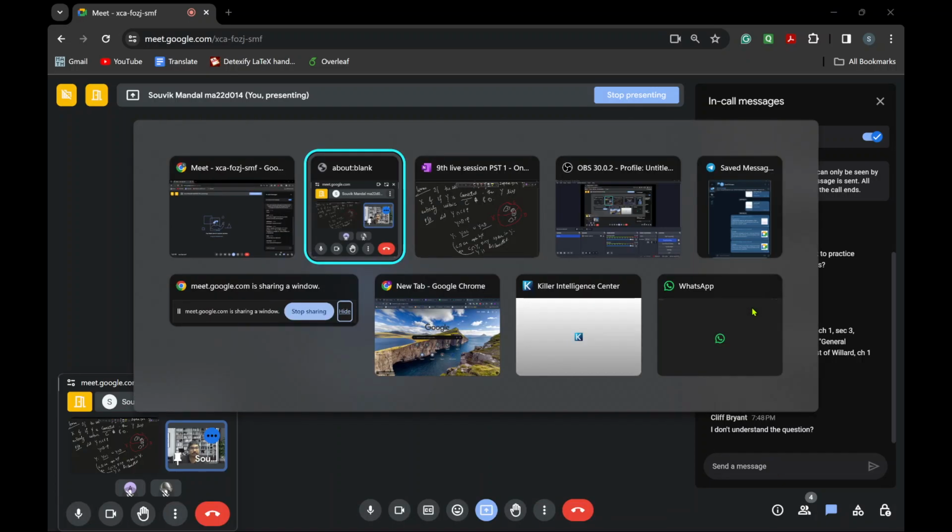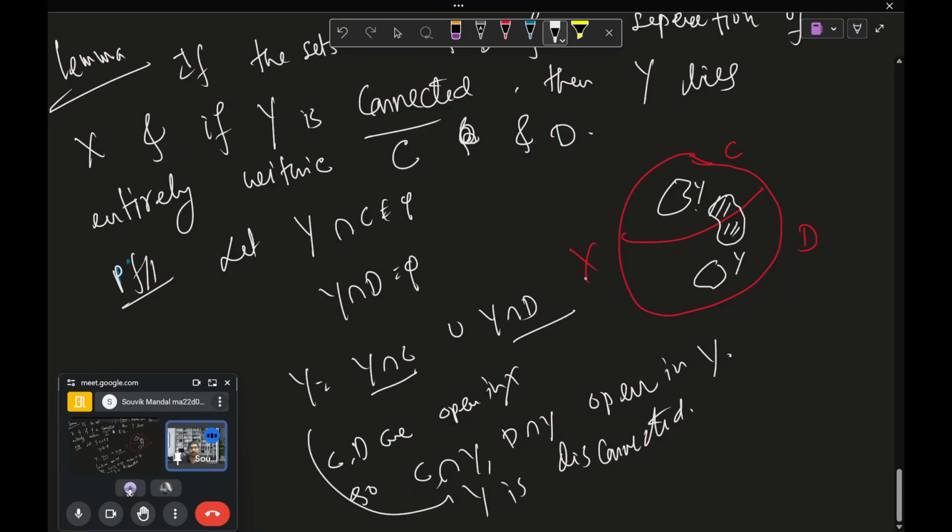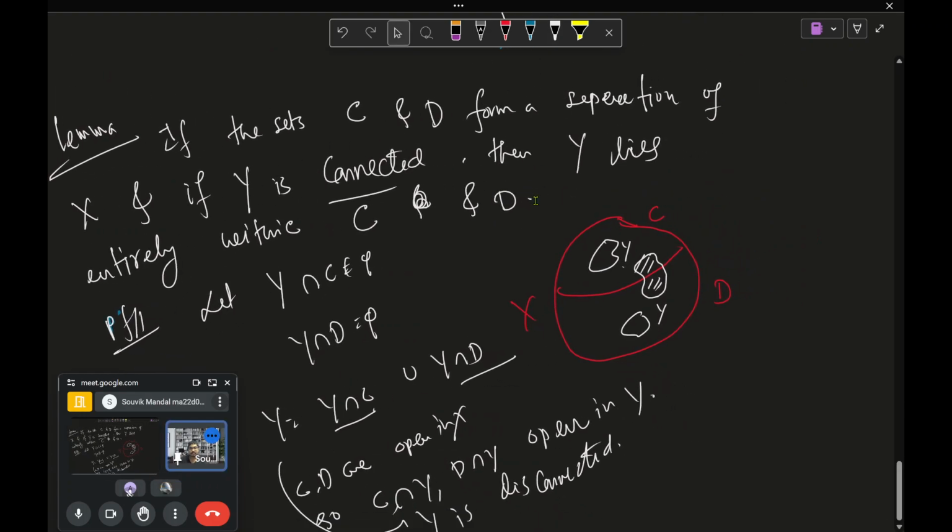Okay, let me repeat. Suppose X is a space, and suppose the sets C and D form a separation of X. C and D being a separation of X means X can be written as the union of C and D, where C and D are both open, their intersection is empty, and their union is the whole of X. And Y is a connected subspace.